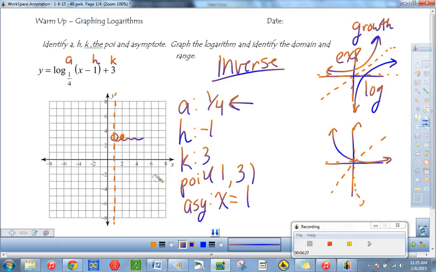But if it's decay, should it go up or down? Down. It should go down. There we go. See? It does go like that. I trust myself with this graph.